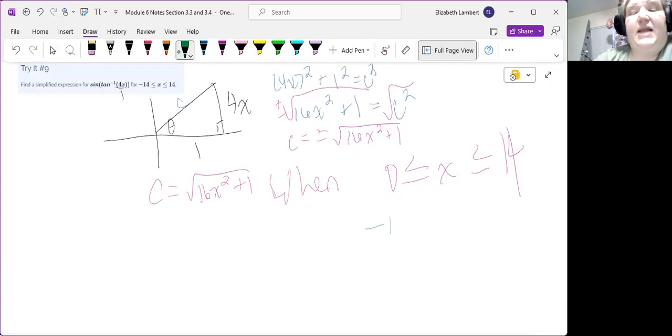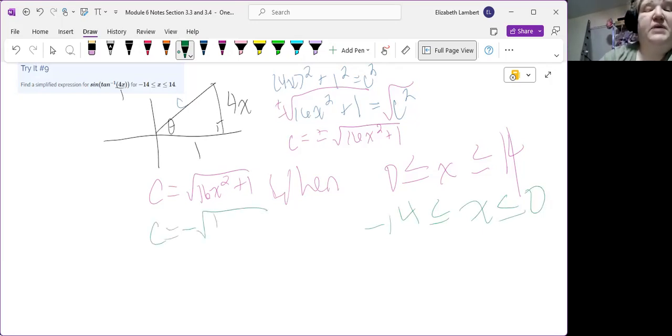When x is negative, the length of our c side will be the negative square root of 16x squared plus 1. So this means our answer for sine will have some restrictions.